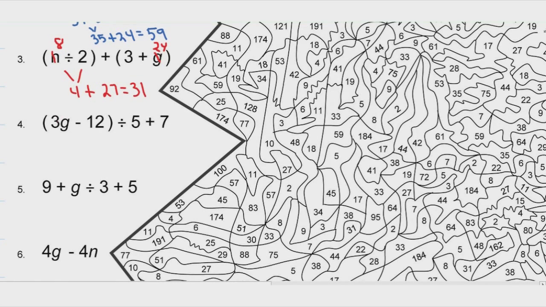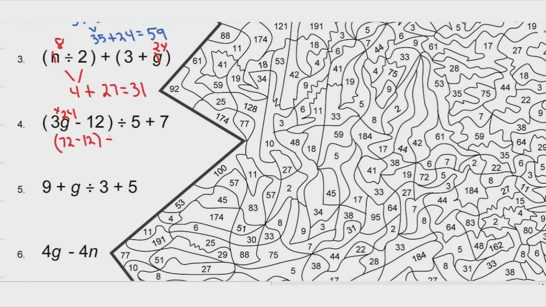Number 4, g is 24, and there is no n. And then remember, this isn't 324. This is 3 times 24 because it's a number next to a variable. We do parentheses first. 3 times 24. 3 times 4 is 12. Carry the 1. 3 times 2 is 6. So that will be 72 minus 12 inside parentheses.